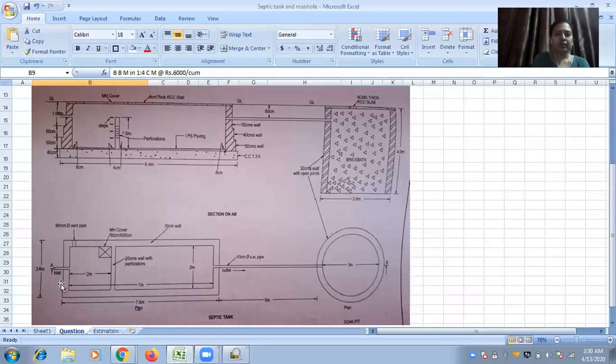Here it will be 0.5 by 2 plus 7 plus 0.5 by 2, 2 times because you have two walls of the same length in this direction. Similarly, in this direction, you will have 0.5 by 2 plus 2 plus 0.5 by 2, 2 times for these two walls.